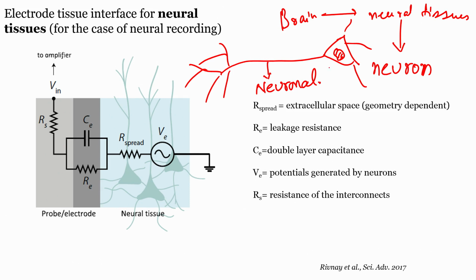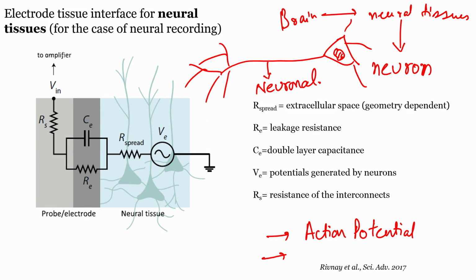I will not go into the details of the biology over there. That will be another session in itself. So neuronal tissues generate potentials, and a single neuronal potential is called an action potential. And when many such neurons, imagine there are millions and millions of neurons in our brain.